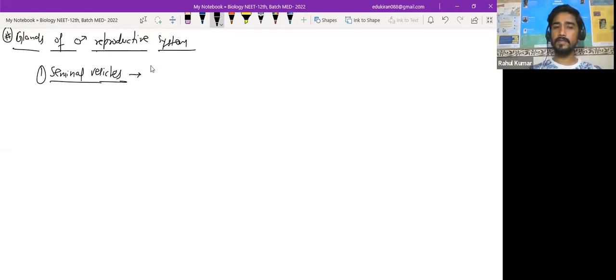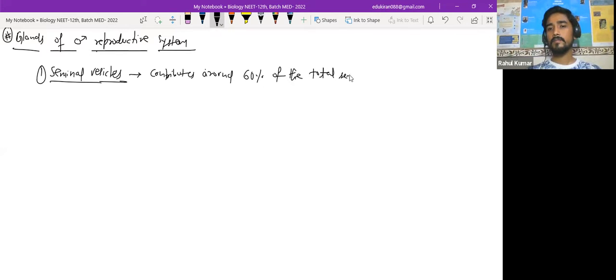So write down, seminal vesicle contributes to around 60% of the total secretion, total secretion from all the glands combined.